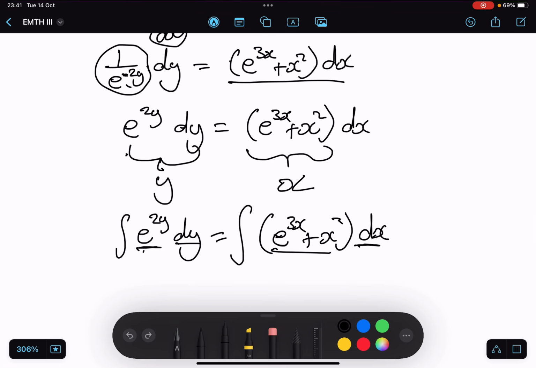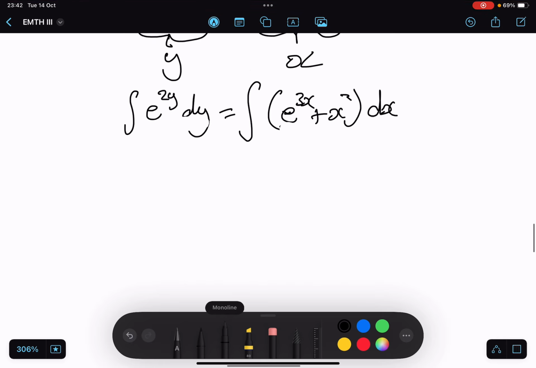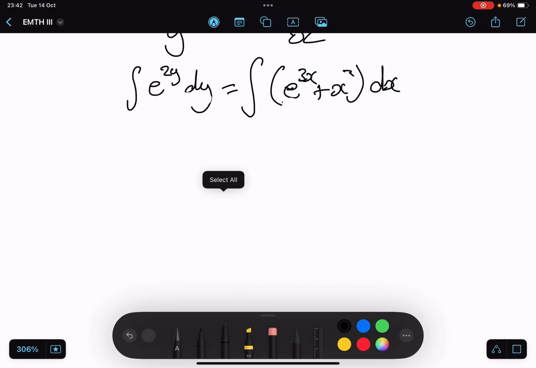Okay, so looking at this, this is what we have. Now we have to integrate. If we're integrating e to the power 2y, we get e^(2y) over the derivative of the power.